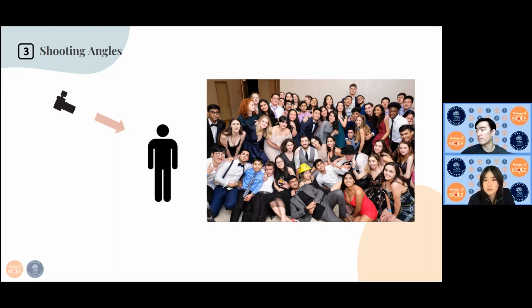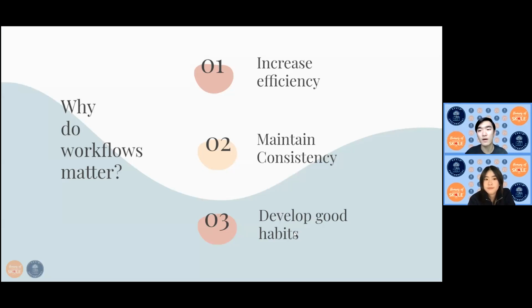That way you can pretty much capture everybody's face. So these are some of the tips that we'd like to offer to help you get a good photo to begin with. And I think now Winnie is going to talk a little bit more about the actual process.